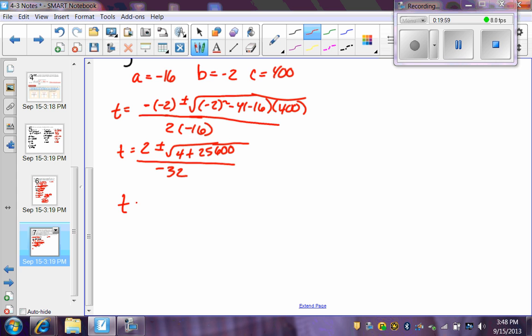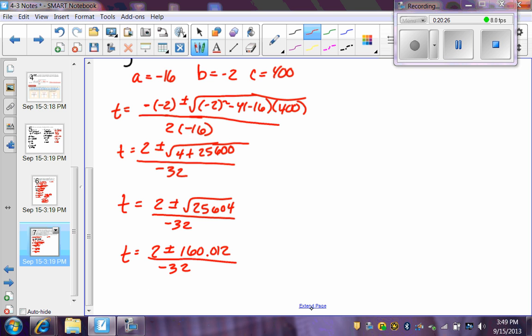So now we have that t equals 2 plus or minus the square root of that, all over negative 32. Type that in your calculator to get an estimate of what the square root of that number is. So that gives me 2 plus or minus roughly 160.012 all over negative 32.